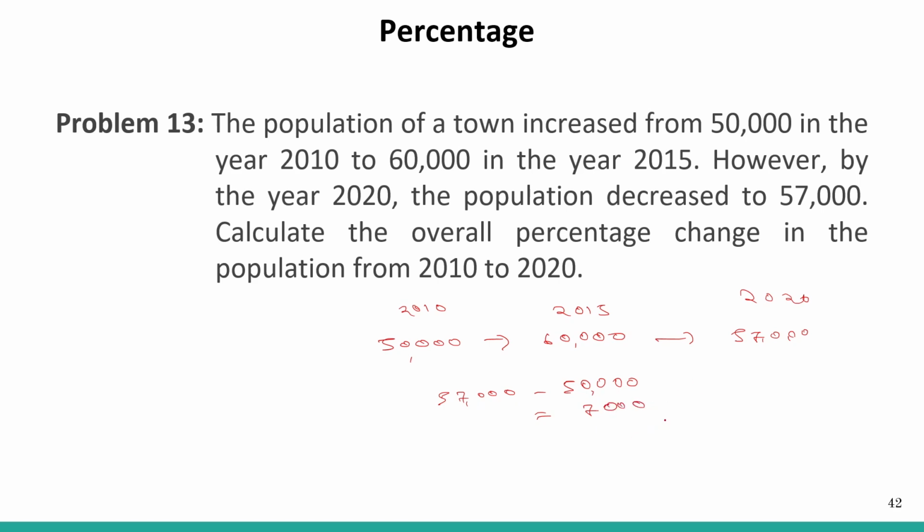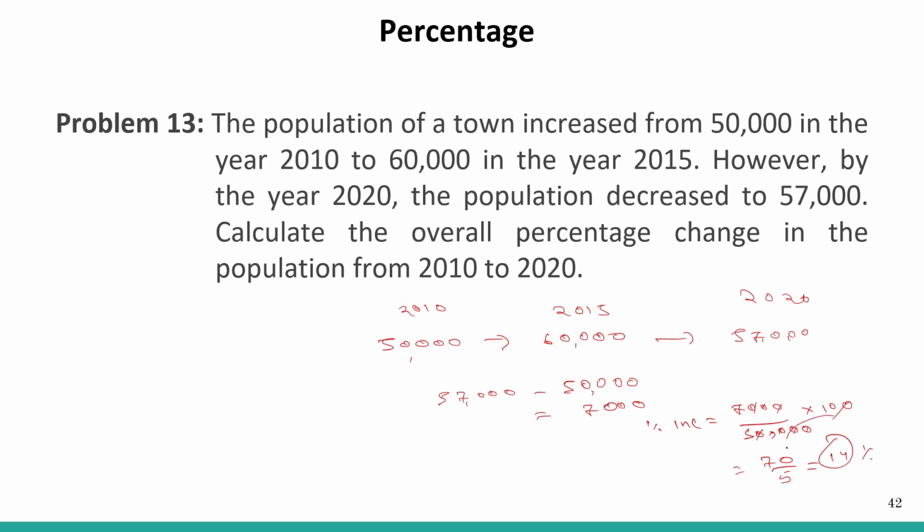So percentage increase is equal to 7,000 by 50,000 into 100. So 70 by 5 is equal to 14.